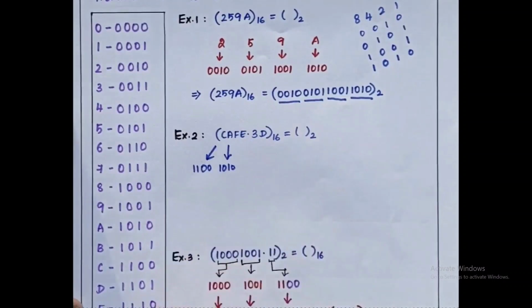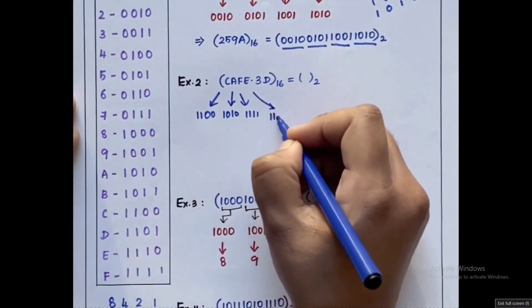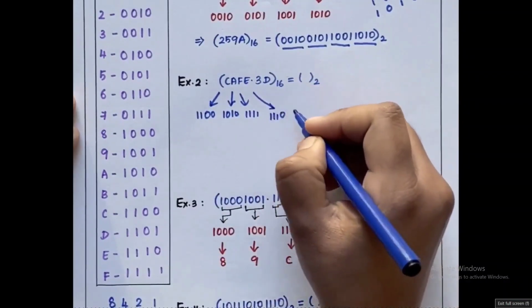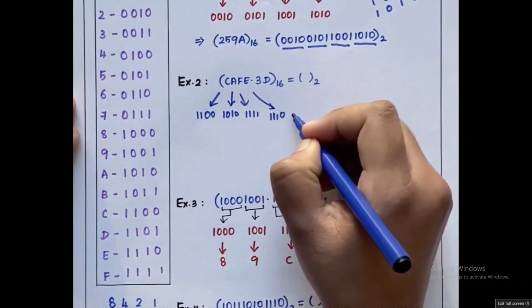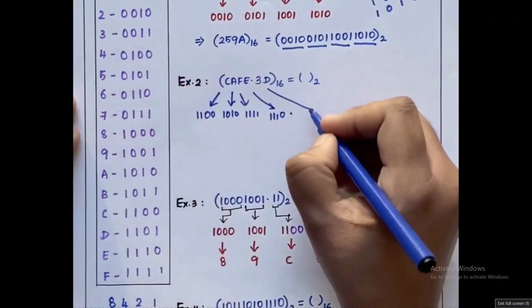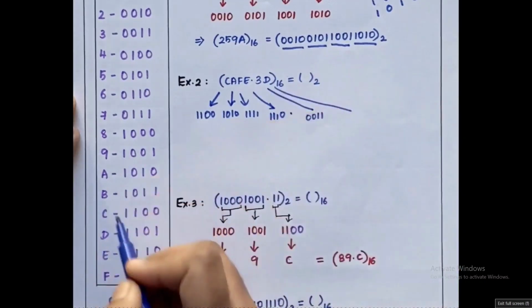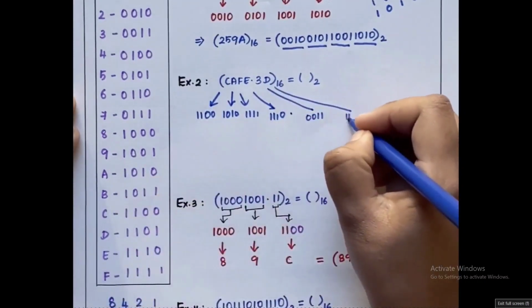For F it is 1111. For E it is 1110. So for the integer part we have completed. Similarly for the fractional part, for the value 3 it is 0011. Next for D it is 1101.